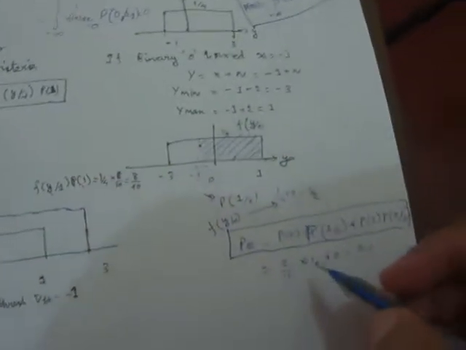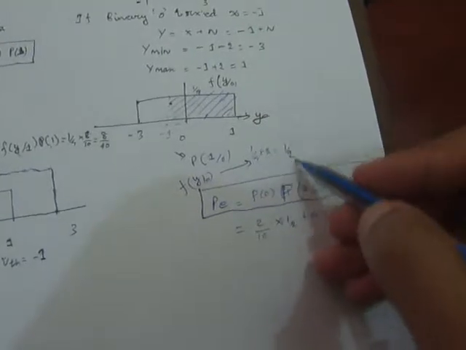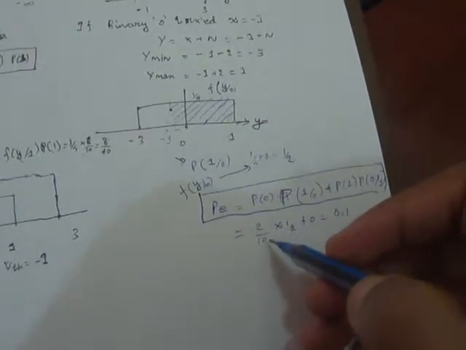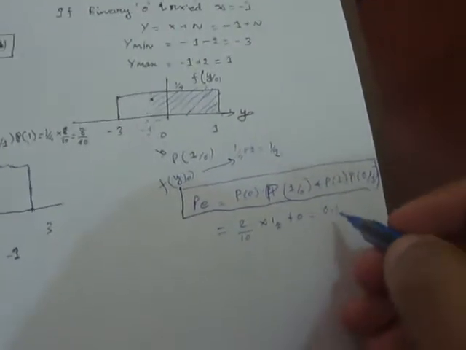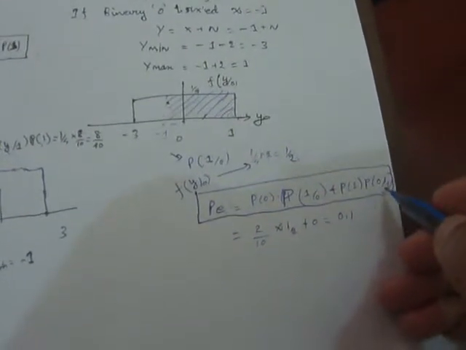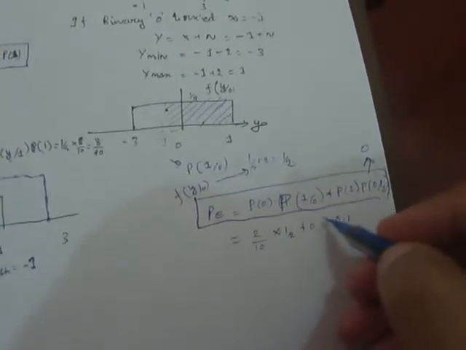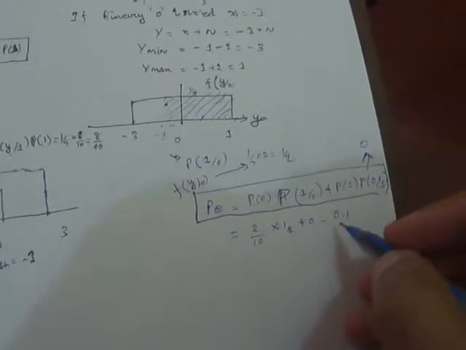Substituting these values, the probability of 0 is 2 by 10, which is given in the question, into 1 by 2 that we have calculated here, and this will become 0.1. Here the value of P of 0 given 1 is 0, so that total value becomes 0. So the minimum probability of error we are getting here is 0.1.